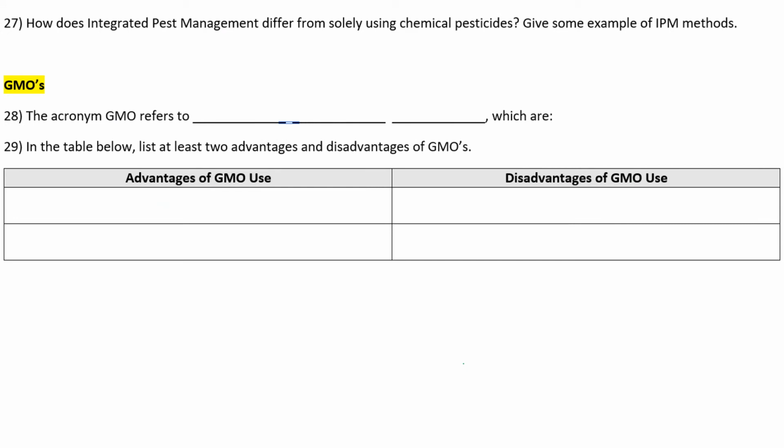Okay, 27. How does integrated pest management differ from solely using chemical pesticides? Give some examples of IPM methods. So, 27. We're going to write it right beneath it.